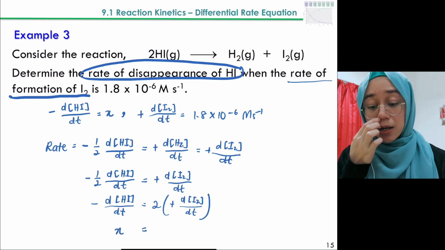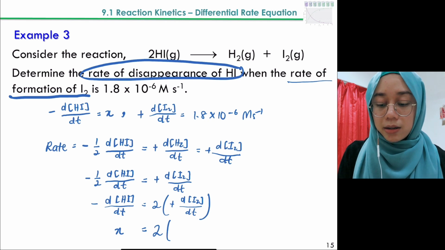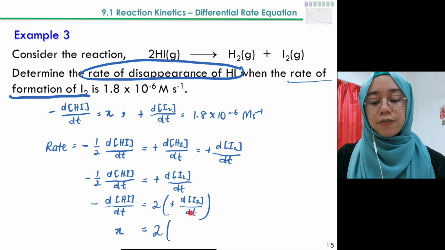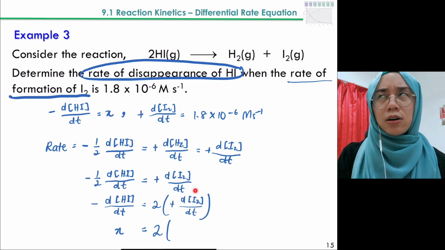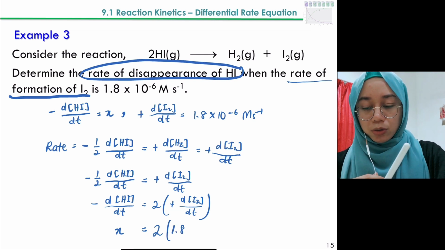Okay, and then 2 darab dengan, so you know that the change in concentration of I2 per dt, rate of formation untuk iodine adalah 1.8 exponent negative 6 ni. So, kita just substitute masuk.